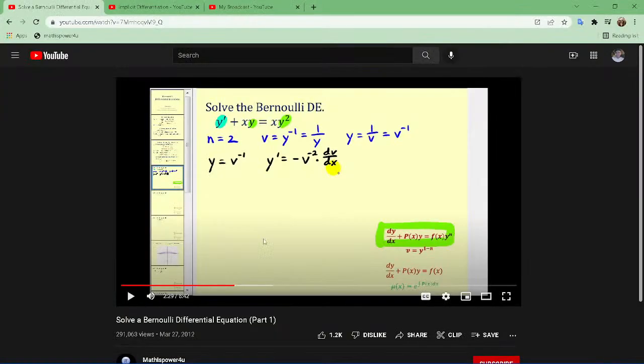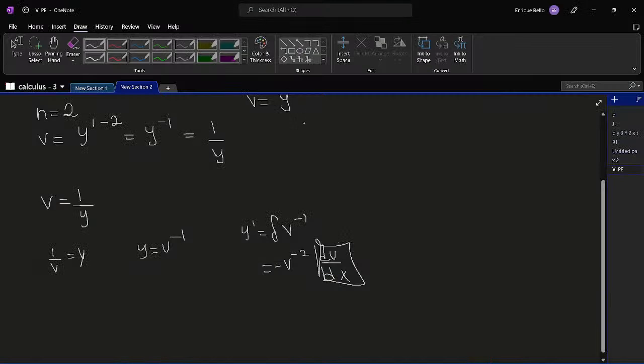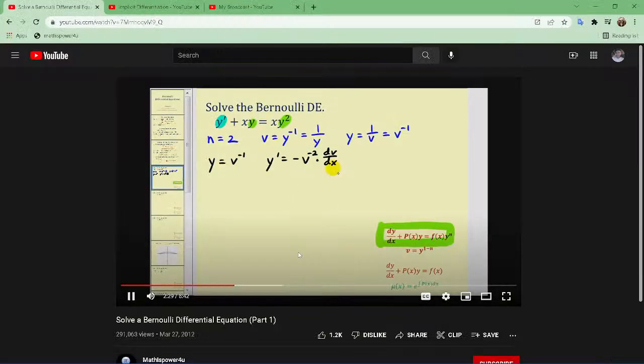Yes. But that's going to be the integral. If it's the integral, minus 2, that's going to be over 2, of x equals x dv dx.